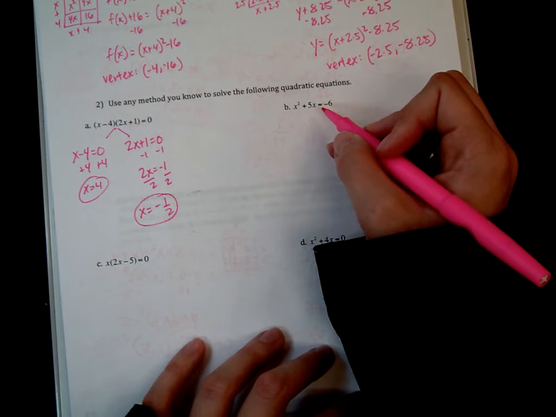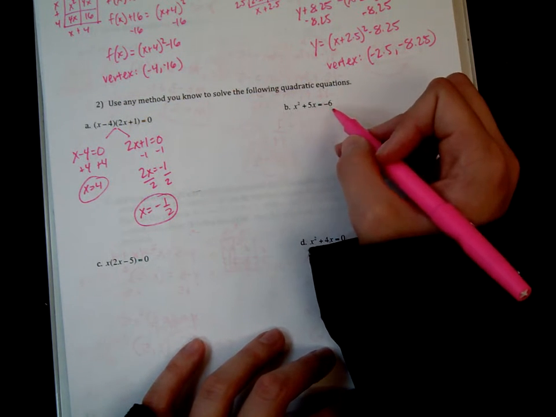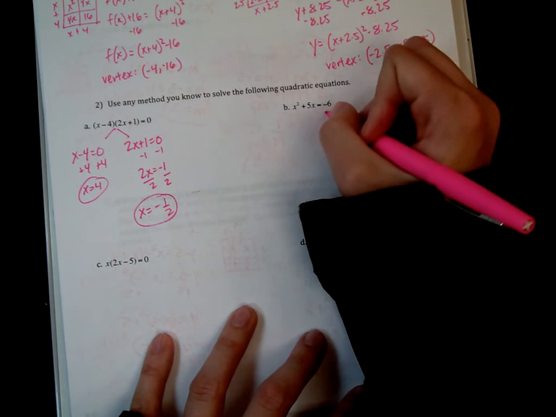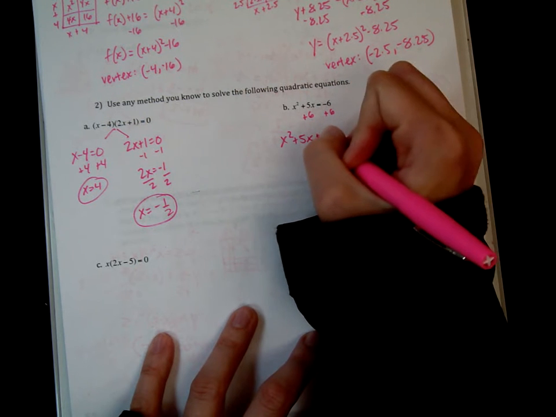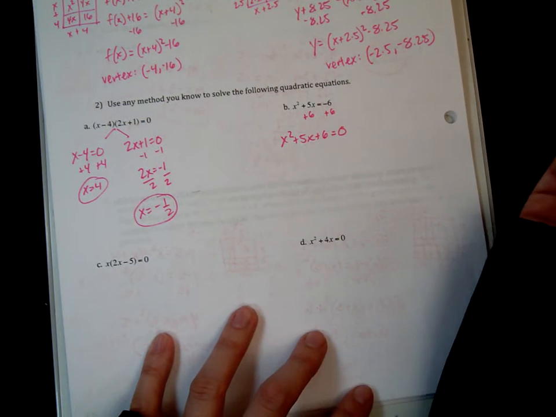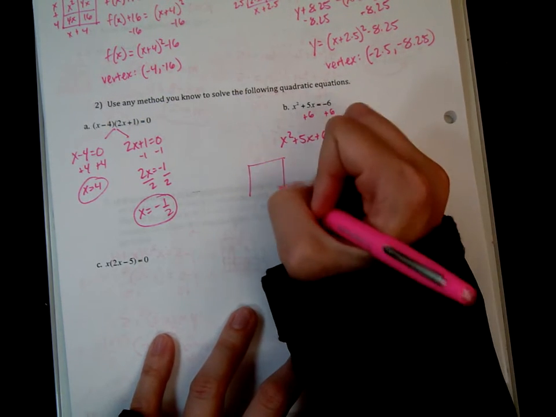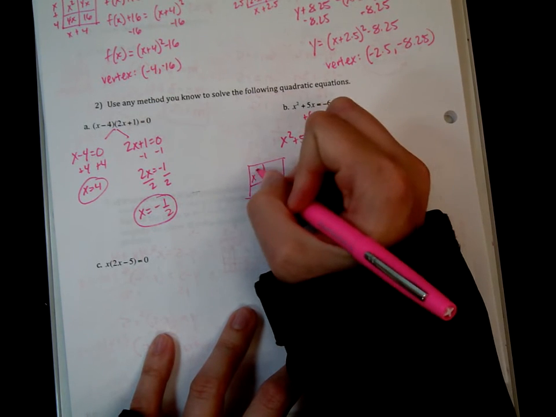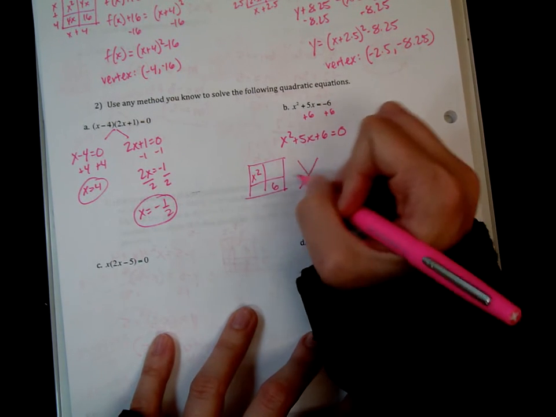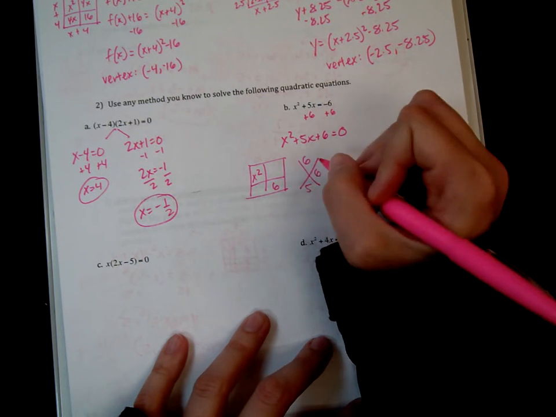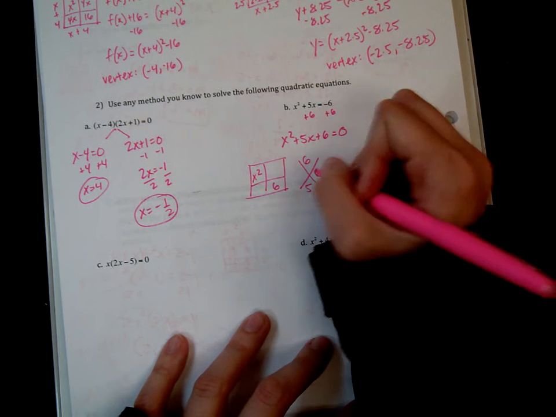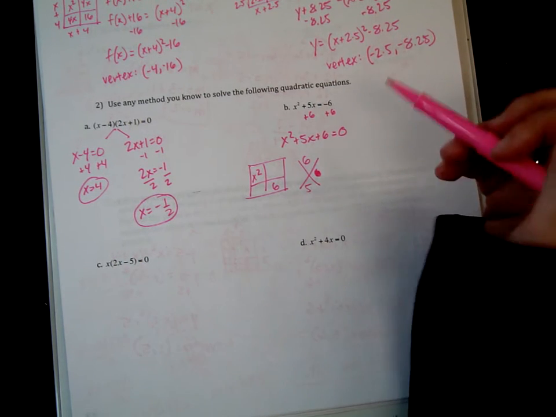This one I noticed that it doesn't equal 0, so first I need to make it equal 0. X squared plus 5x plus 6 equals 0. I'm going to try to factor it. X squared and 6. I need two numbers that multiply to 6 and add to 5. That would be 3 and 2.